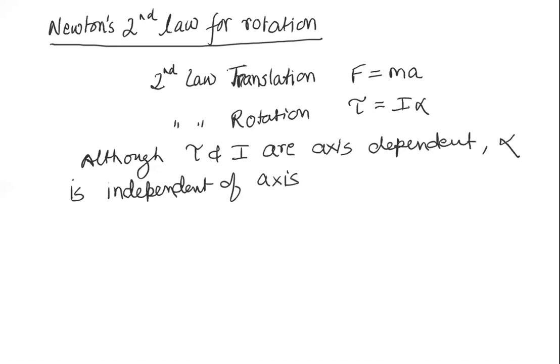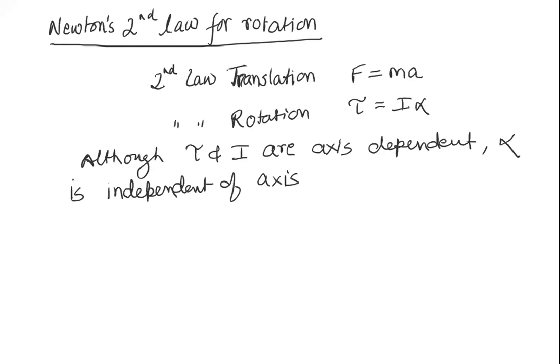Though about different axes, the value of torque and the value of moment of inertia will come out to be different. Now, of course, I can give you a false proof by calculating torque about 3 different axes and calculating moment of inertia about 3 different axes and finding their ratio to be constant. And so this would not be a correct proof of this, although it will happen.